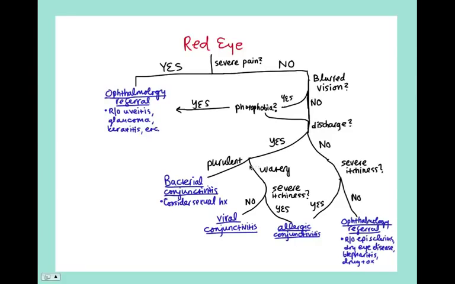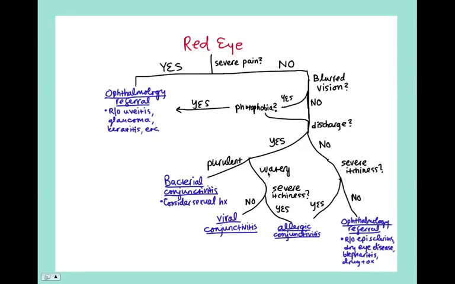If there's a discharge, it's probably conjunctivitis. And if it's purulent discharge, you generally know from the outset that it's probably bacterial conjunctivitis. In that case, you want to consider their sexual history because it could be either gonorrheal or chlamydial conjunctivitis. But usually the chlamydial conjunctivitis is watery discharge.